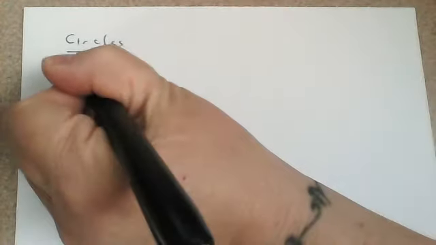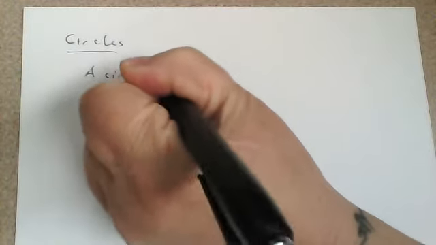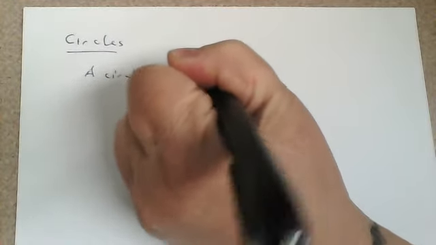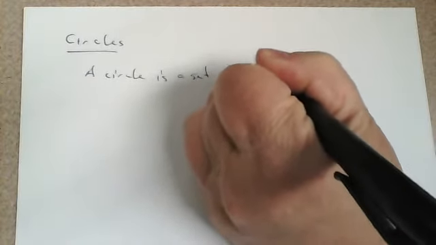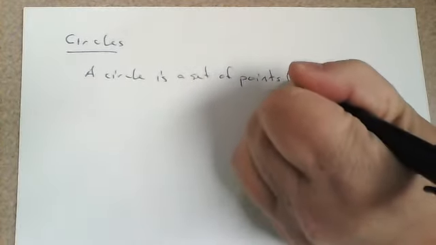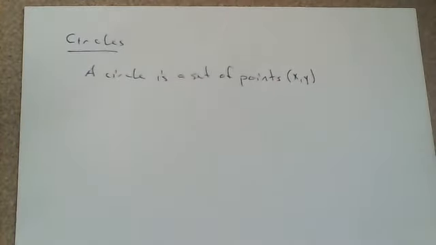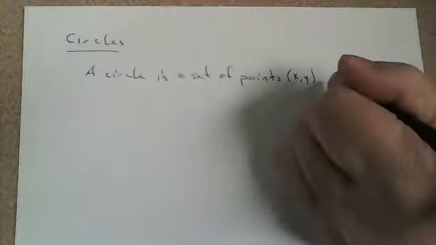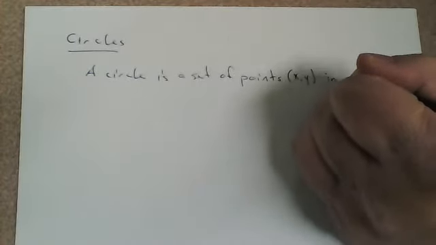Now, a circle, when you think about it, is a set of points, right? A circle is a set of points, usually in the form xy, the way we're going to be using it, always in the form xy, that are in a plane. What is a plane? It's that xy graph that we're used to, right?